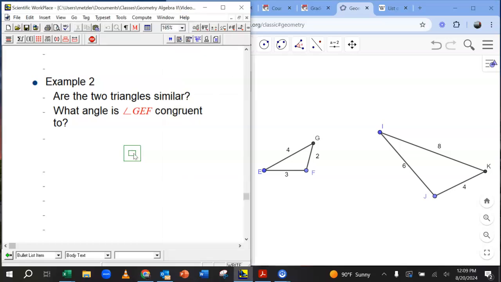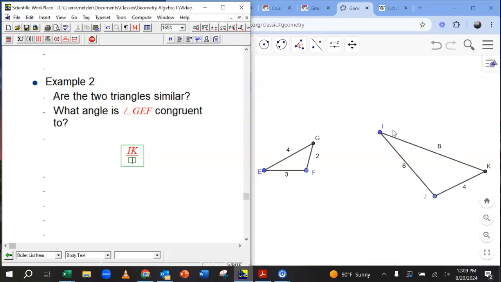So let's do the scale factor idea. We actually have to look at it and see. We don't know exactly how they're corresponding. It should be pretty easy because I made the numbers pretty nice. Let's look at IK. We don't know right off the bat what that should be matching to.